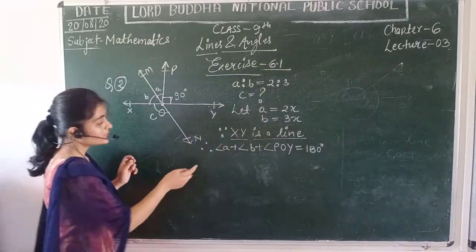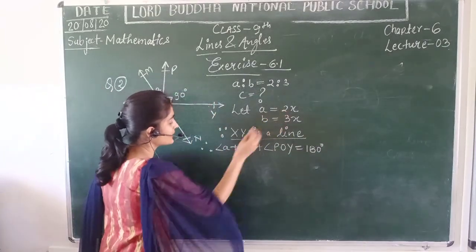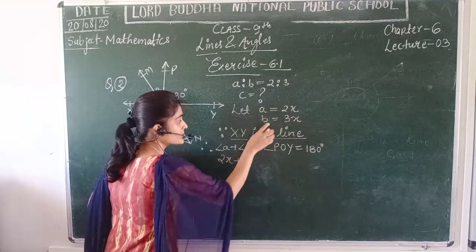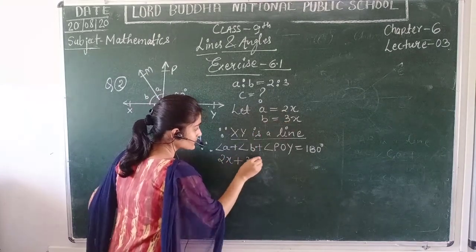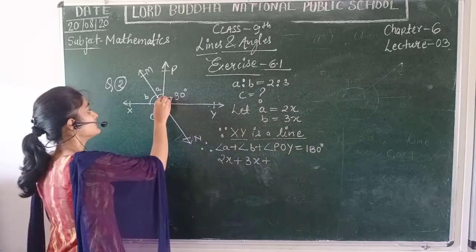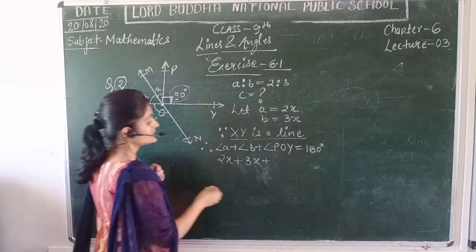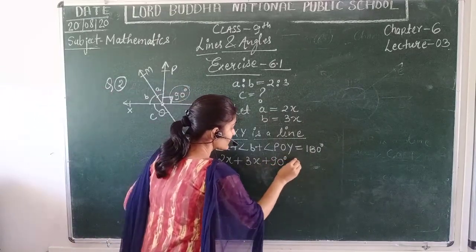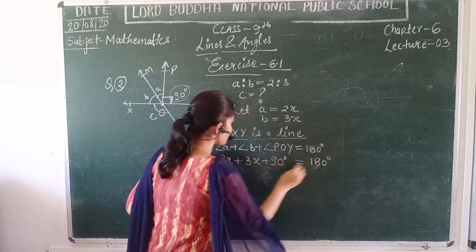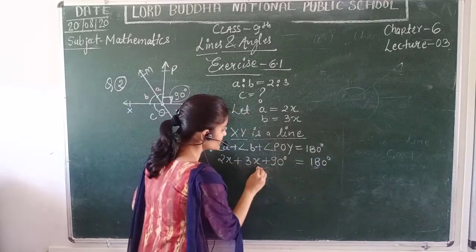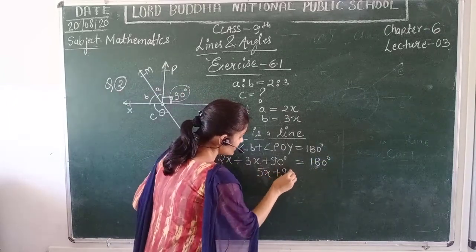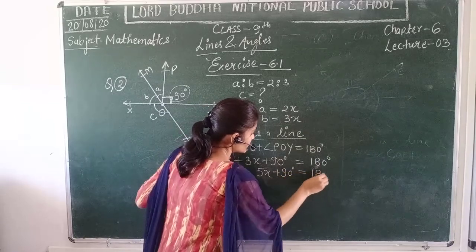Now, we know the value of A. What is the value of A? 2x. What is the value of B? 3x. What is the value of POY? POY is given as 90 degrees. So 2x plus 3x gives you 5x, plus 90 equals 180.